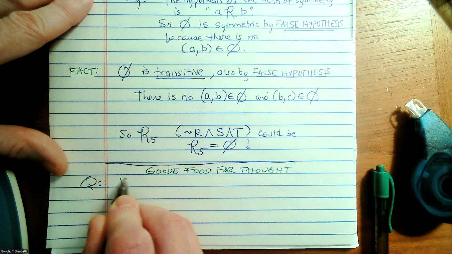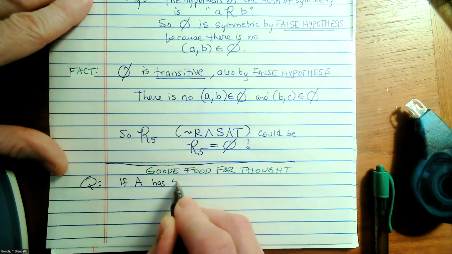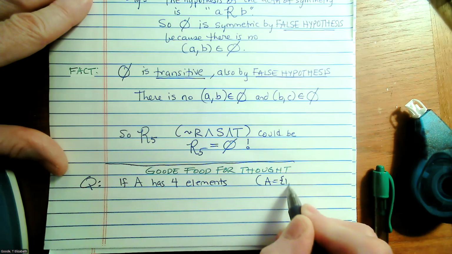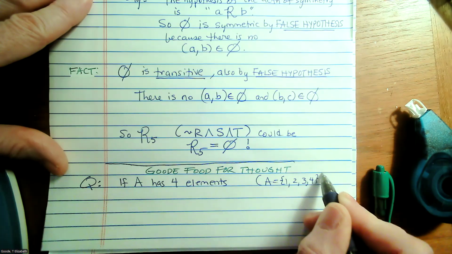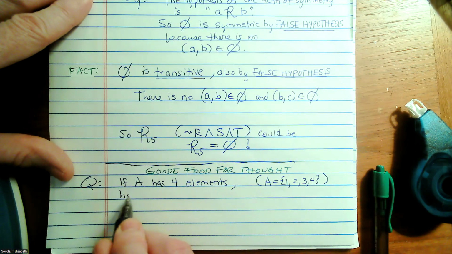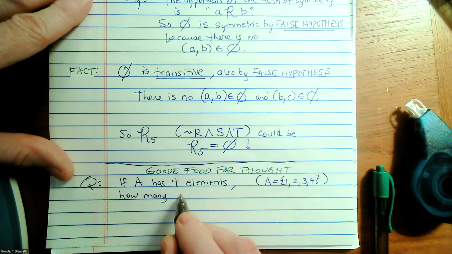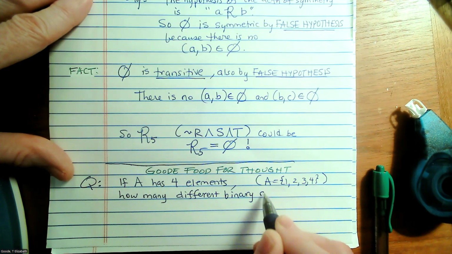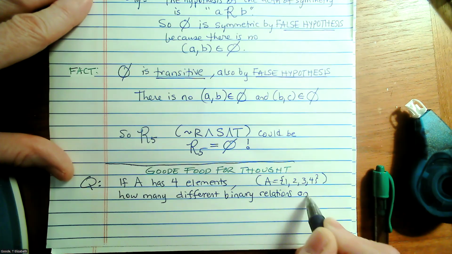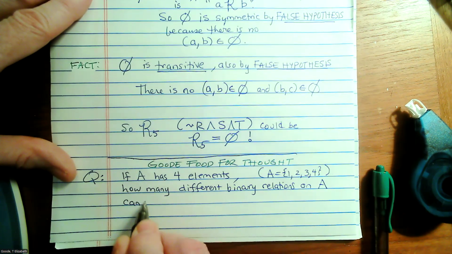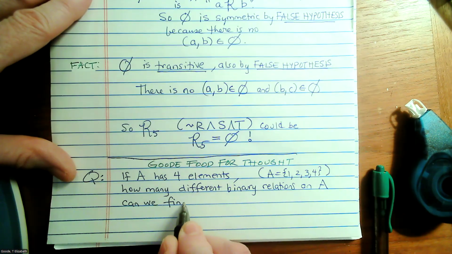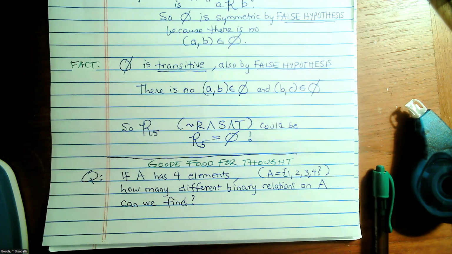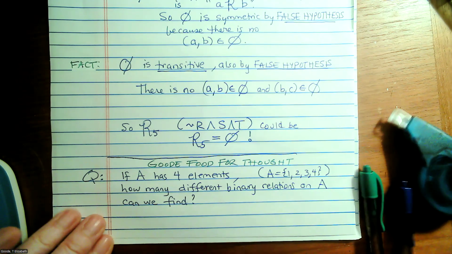If A has 4 elements, and that's kind of my favorite A because we can do everything we want to do with that, how many different binary relations on A can we find? Let me give you a hint.